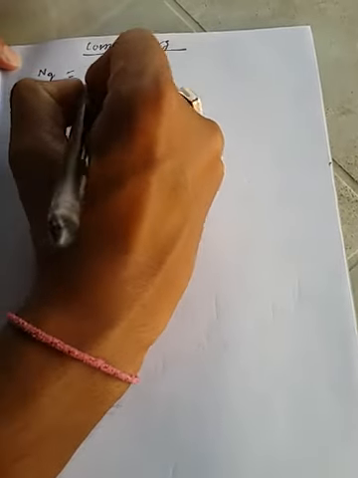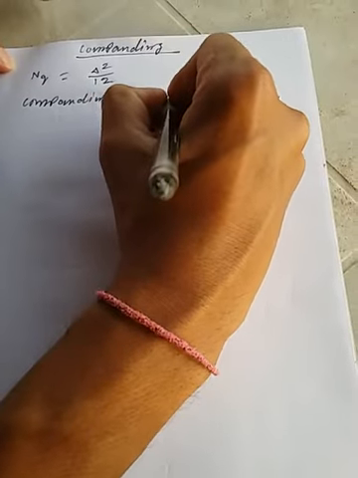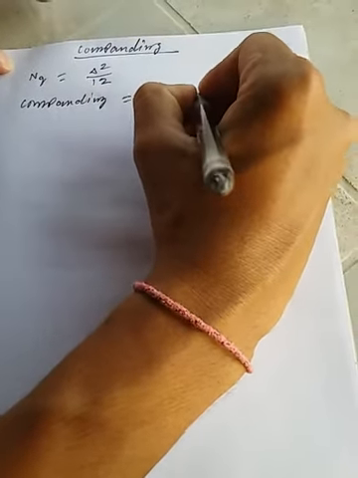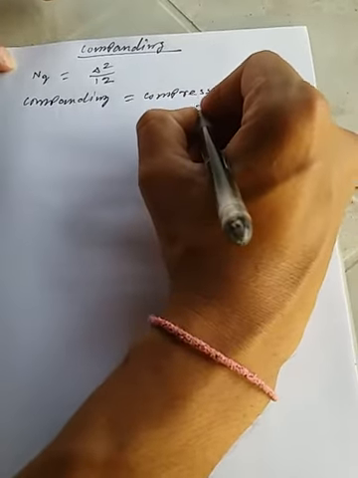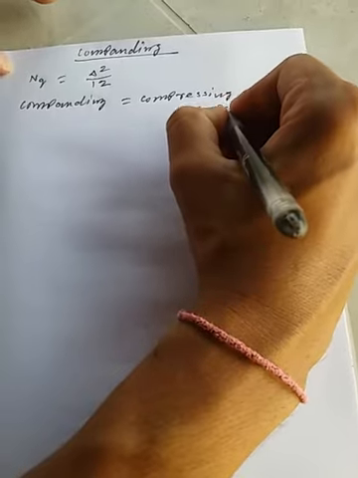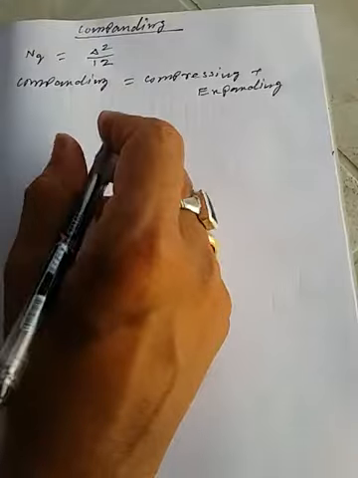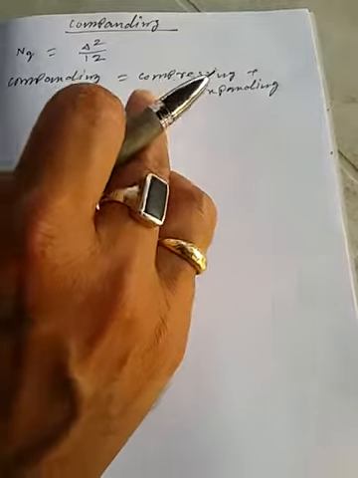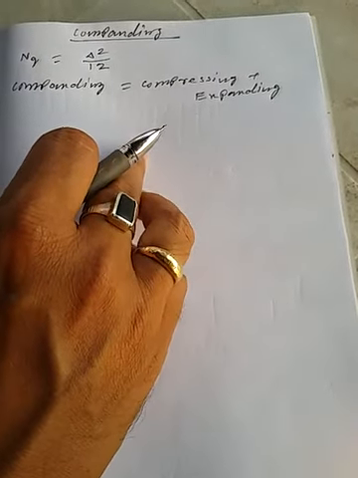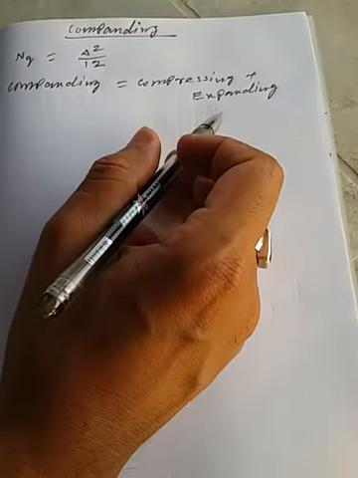Compounding equals compressing plus expanding. Okay, so the combination of these two terms is basically compounding. So a compounder has the characteristics of both a compressor and an expander, right?